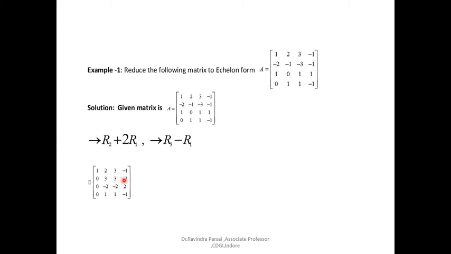Then minus 1 and minus 3 gives 1 minus 2 is minus 3. Then the third row is changed according to this rule: 1 minus 1 is 0, 0 minus 2 is minus 2, then 1 minus 3 is minus 2, and 1 minus of minus is 2, and the last row is kept as it is.